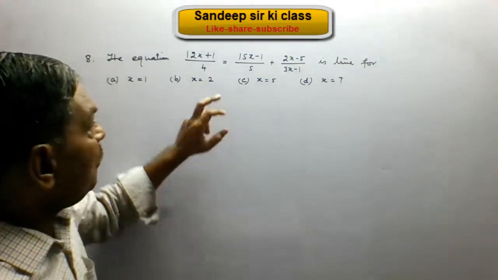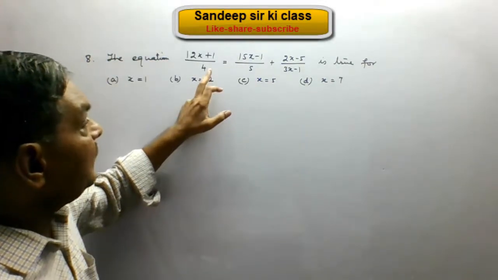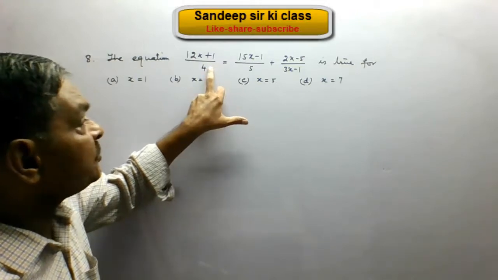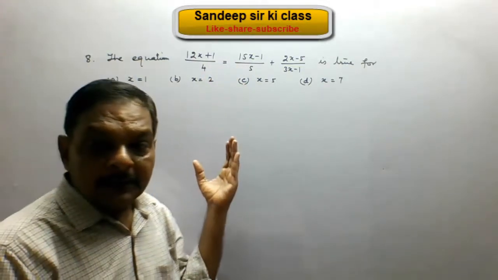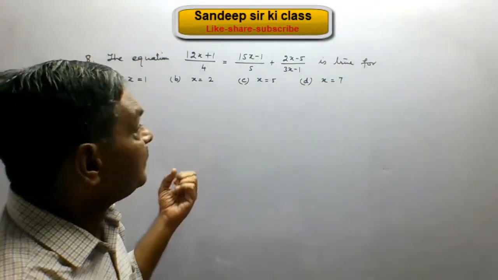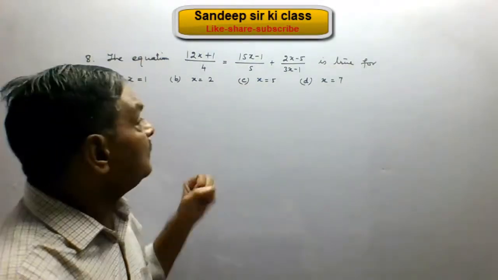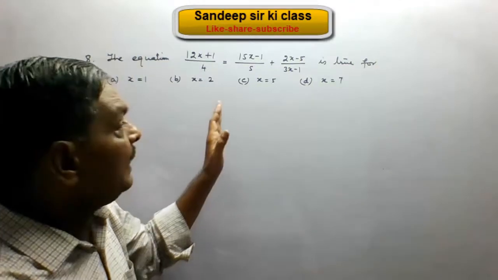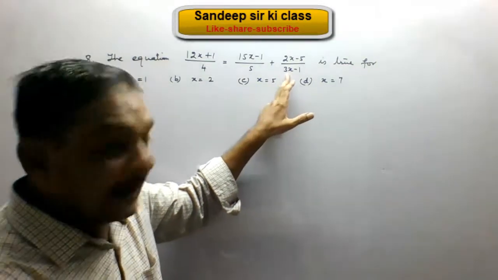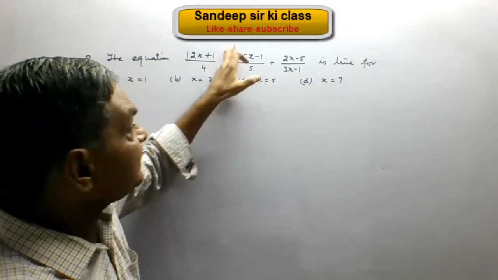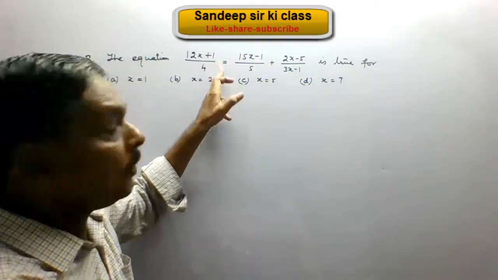Now when we solve this equation, we find in denominator, here it is 4 and here it is 5. So we will bring those terms which have denominator as numeral on one side and those terms which have denominator having x on another side. That is, we will bring this term on left hand side.